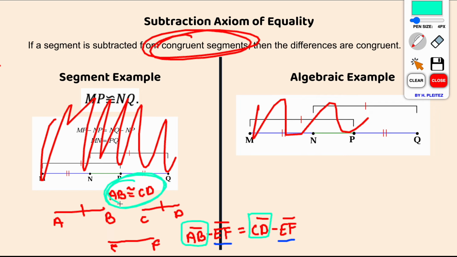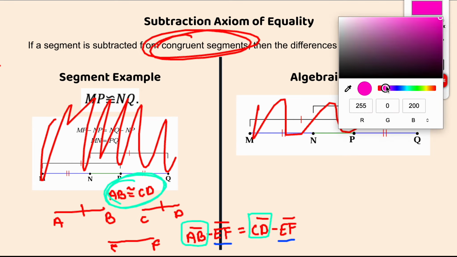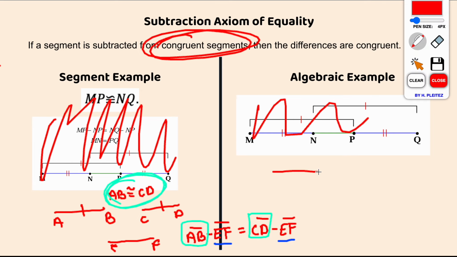Now, algebraically, we're going to use the same exact diagram. So we have A, B, C, D, and E, F. Now let's say AB and CD, let's use 10 this time. So AB and CD are congruent, they're 10, and let's use 5 for EF.